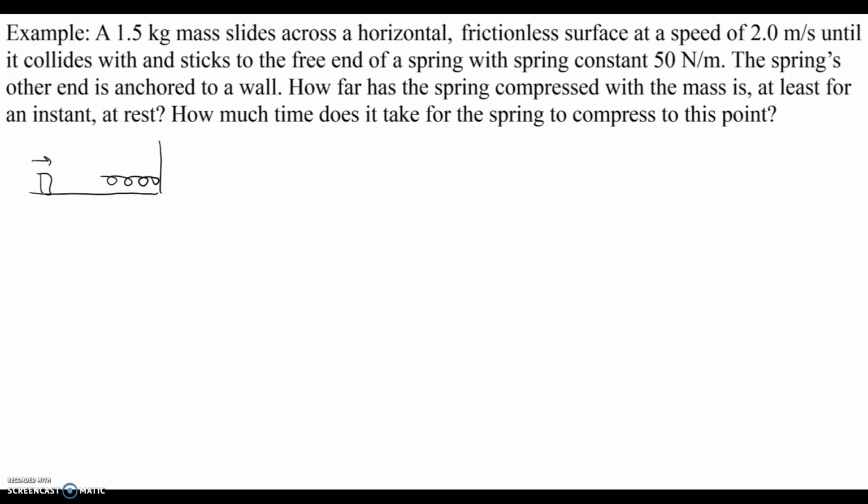It's attached to a wall, so we'll draw some lines here to represent that the wall doesn't move. So it's headed this way. We know the speed is 2 meters per second, so maybe we'll jot that down, and let me write V for speed. We also know that the spring has a spring constant of 50 newtons per meter.